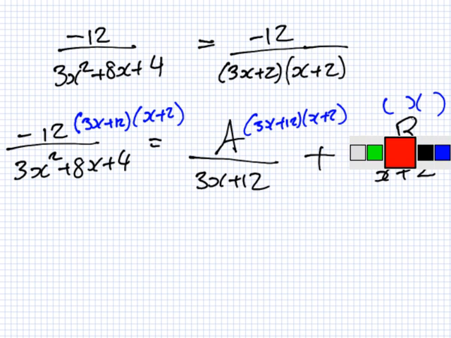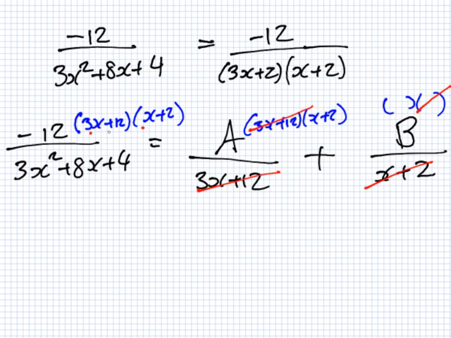Now, here, what cancels? The denominator cancels with 3x plus 12. And here, the x plus 2 cancels with the x plus 2. And what cancels here? Everything.